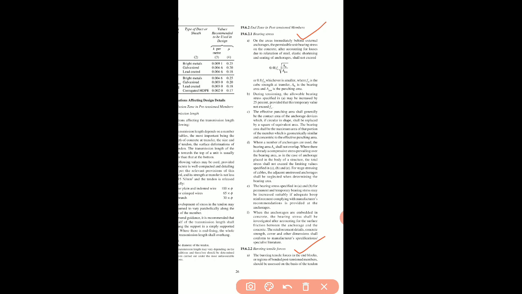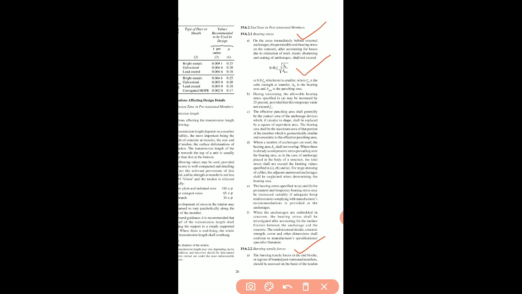On the areas immediately behind the external anchorage, the permissible unit bearing stress on the concrete, after accounting for losses due to relaxation of steel, elastic shortening and seating of the anchorages, shall not exceed 0.48 fci times root of A_br divided by A_pun, that is the punching area, or 0.8 fci, whichever is smaller, where fci is the cube strength at transfer, A_br is the bearing area, and A_pun is the punching area.